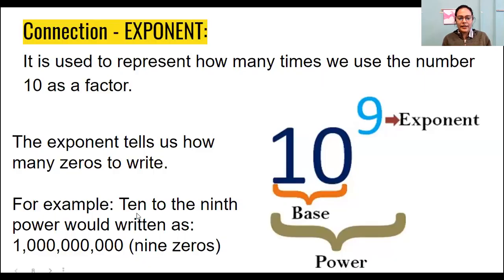For example, 10 to the 9th power would be written as 1 with 9 zeros. It's the same thing as multiplying 10 nine times. And on paper, if you're trying to figure that out, it would look like this.